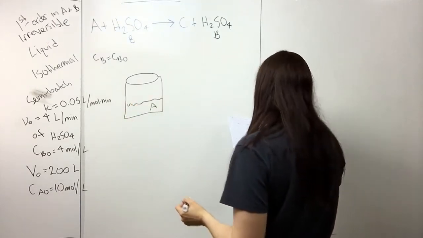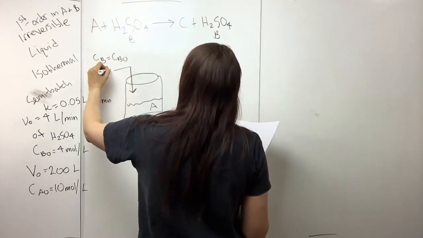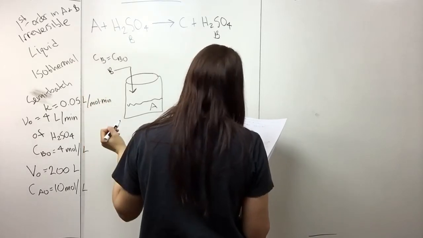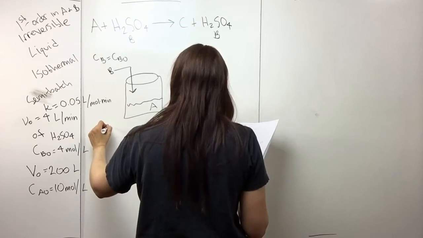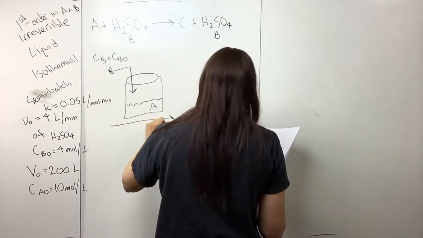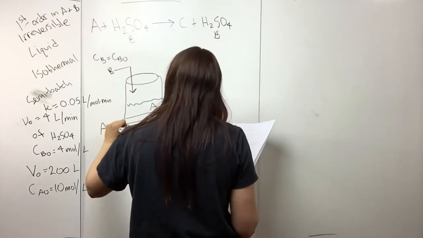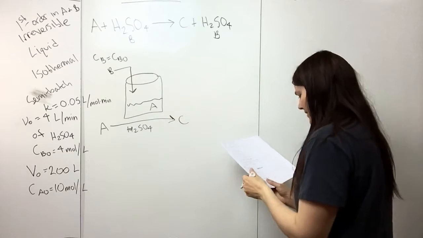It starts out with pure A, and we add B. So we're adding sulfuric acid, and the reaction actually looks something like this, since sulfuric acid is the catalyst.